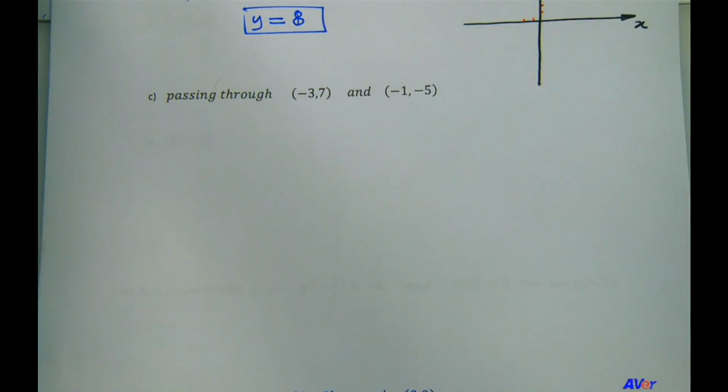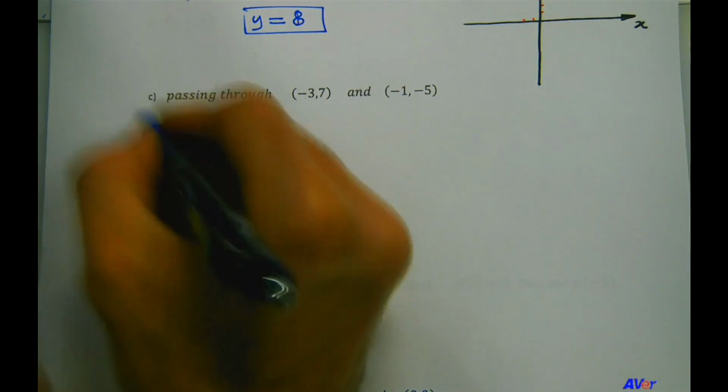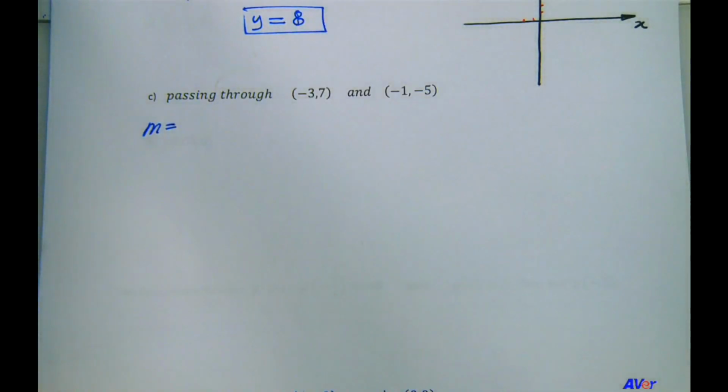Okay, so they want us to write the equation for a line that passes through these points, and they want us to write the line in slope-intercept form. Okay, so we begin with the slope, right? Again, I'm counting on you that you have already finished the solution for this.